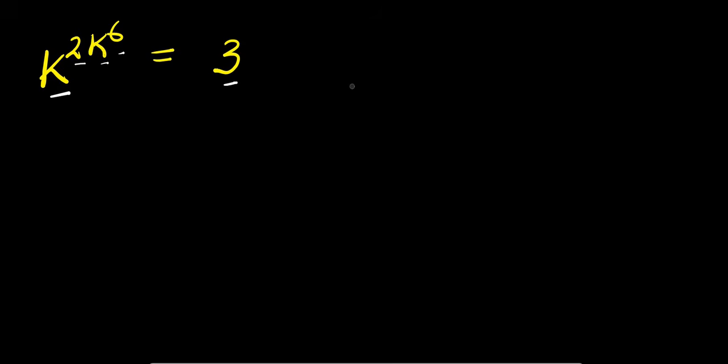Now, the first method will be for us to simply replace this k to the power of 6 with a variable. In this case, we can use x. So we say let x equal k to the power of 6.